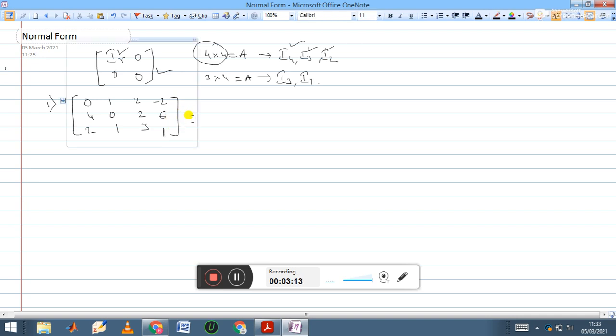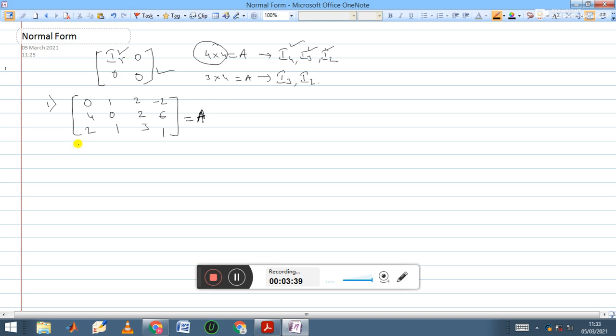Let us take this given matrix as A. Now our target is to reduce this matrix into normal form, so go with the elementary row and column operations.